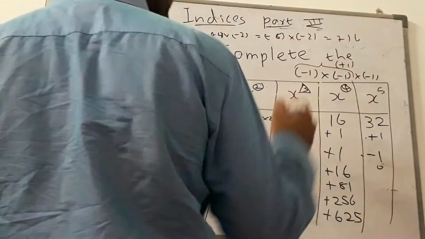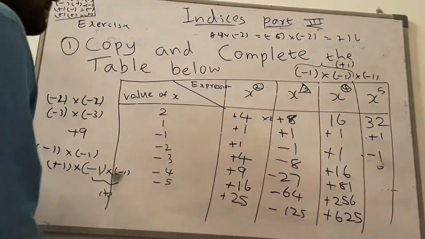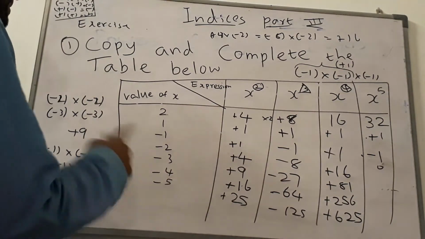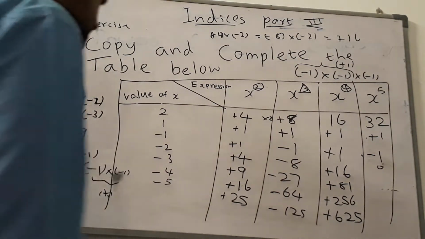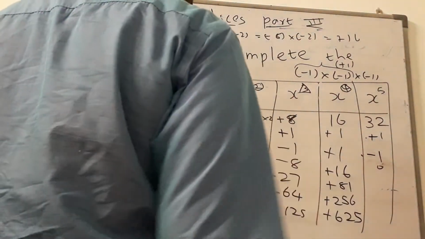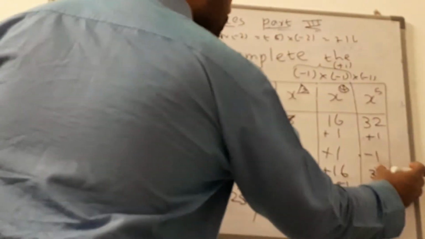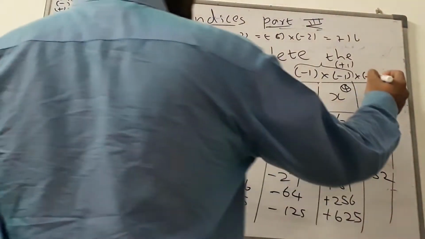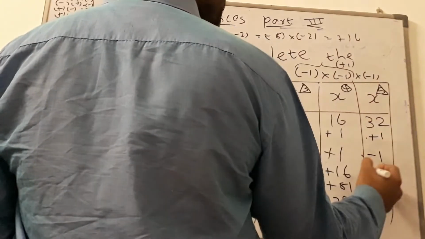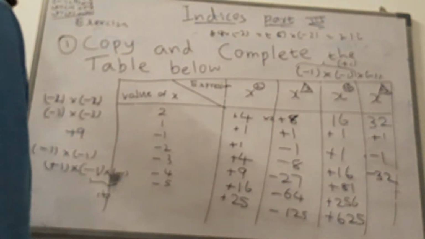If the indices are odd numbers, the answers are minuses, the negative figures. Minus 2, 2 times 2, 4, 4 times 2, 8, 8 times 2, 16, 16 times 2, 32. Is it plus or minus? The index is an odd number, so this should be minus as well.